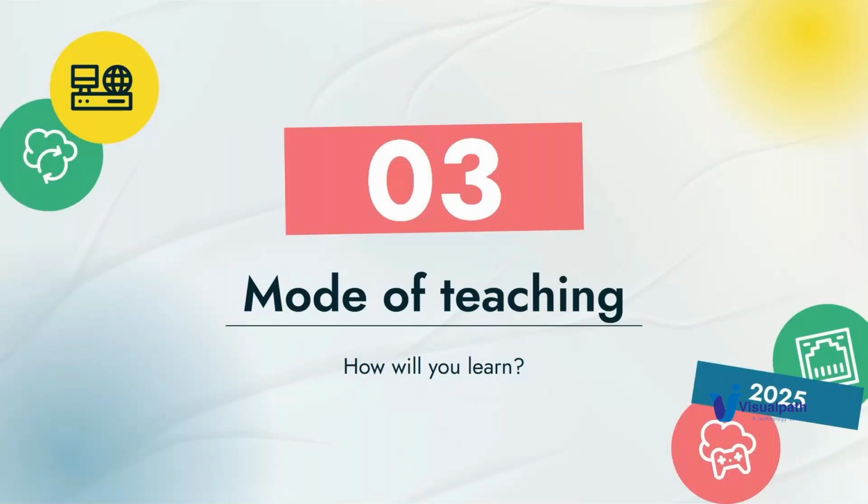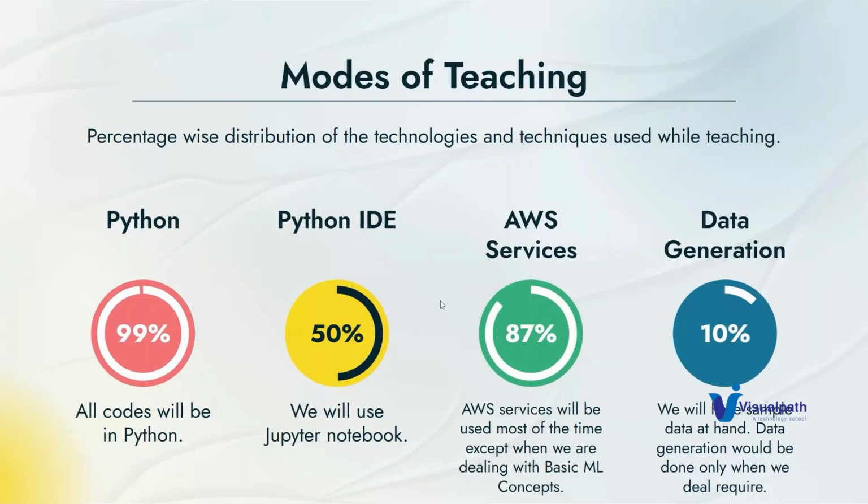All right. Now we'll be looking at how we are going to learn the entire course. I hope you have understood what exactly we are going to learn in the course. Now we'll be looking mostly at how the entire thing will be taught to you. Most of the code that you'll be seeing will be in Python.